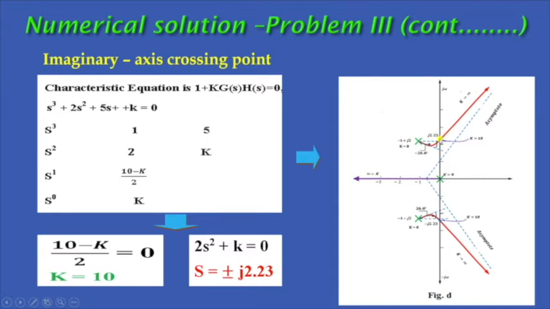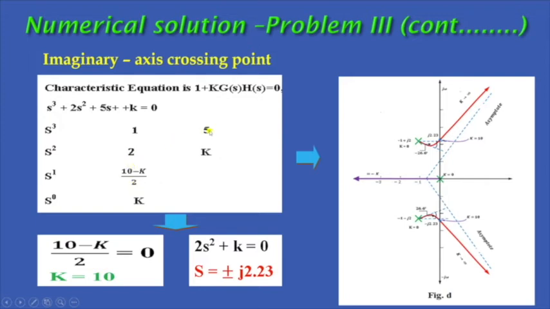So this root locus crosses the imaginary axis. Then find the value of k at the crossing point using the characteristic equation, 1 plus GH equals 0. From this, the equation is s cubed plus 2s squared plus 5s plus k equals 0. In the Routh array, s cubed row is 1, 5; s squared row is 2, k.